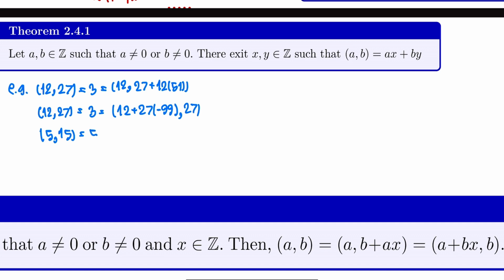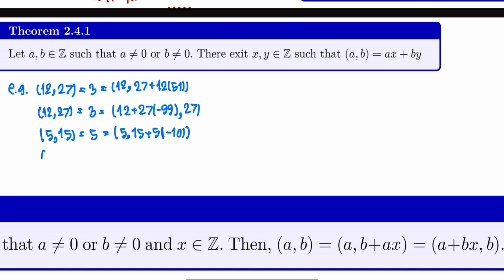Another example, you may have 5 and 15. The greatest common divisor is 5, and you can add to the second number the first number multiplied by any number. So you may have 5, 15 plus 5 times minus 10.